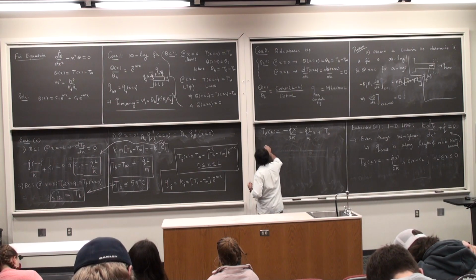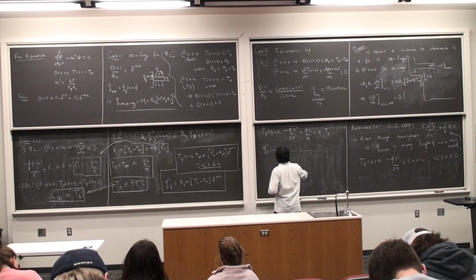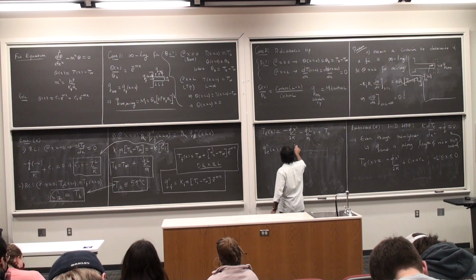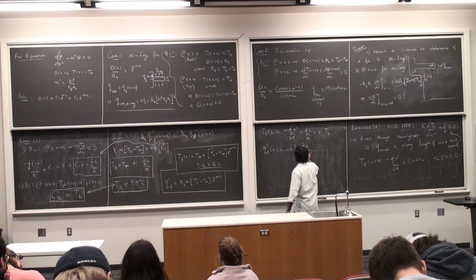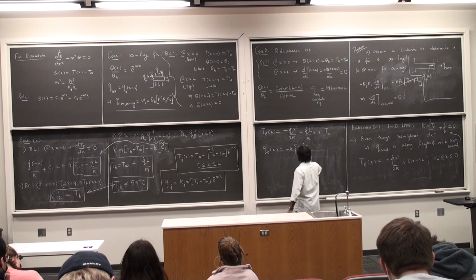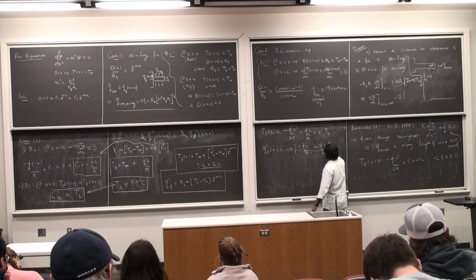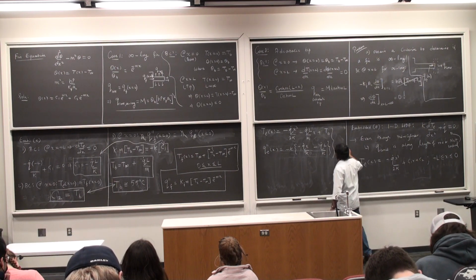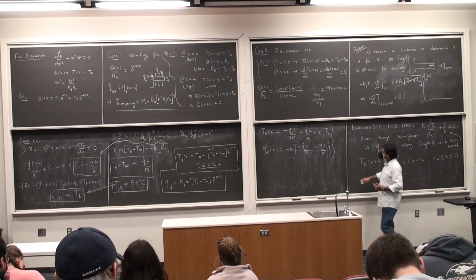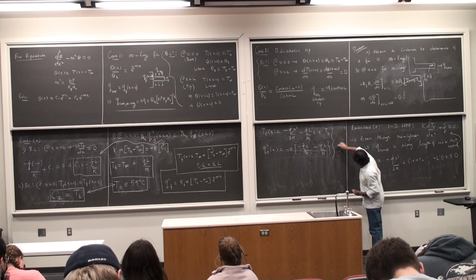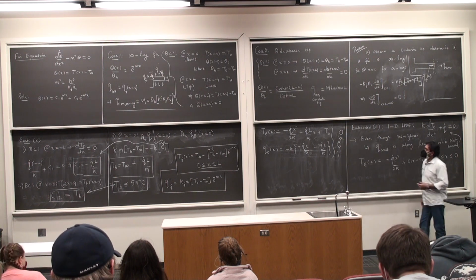And Q double prime e is minus k times Q dot x by k, which is Q dot x. This is for the first range of x values from minus L to 0.